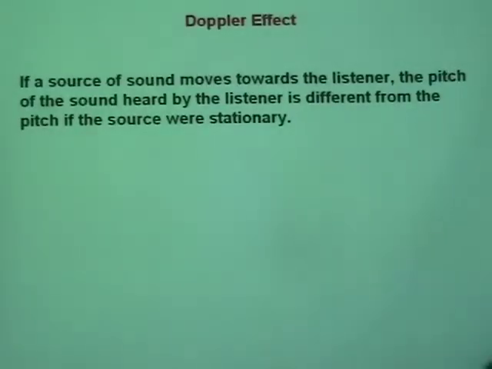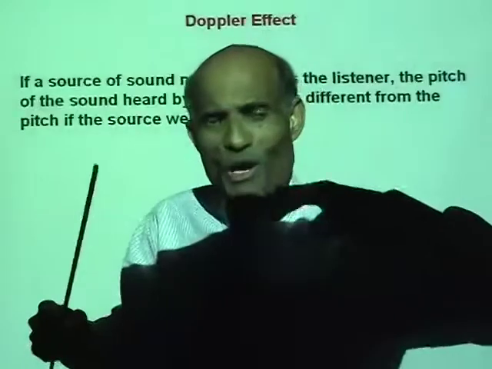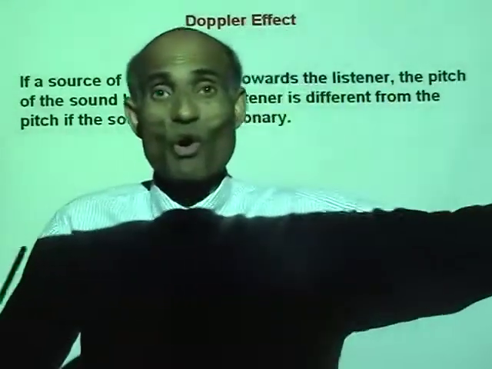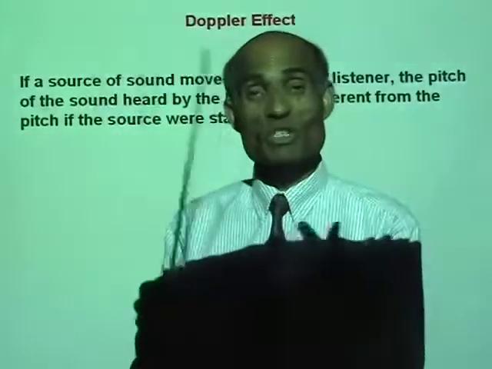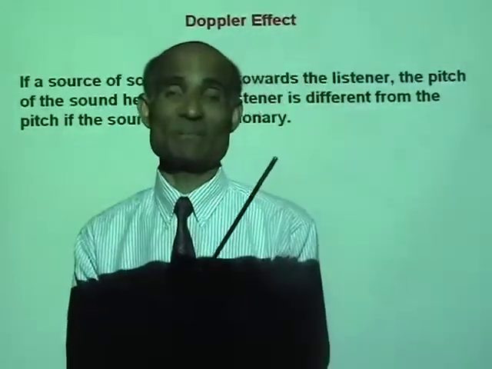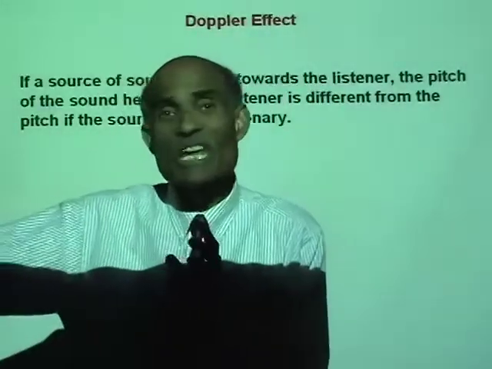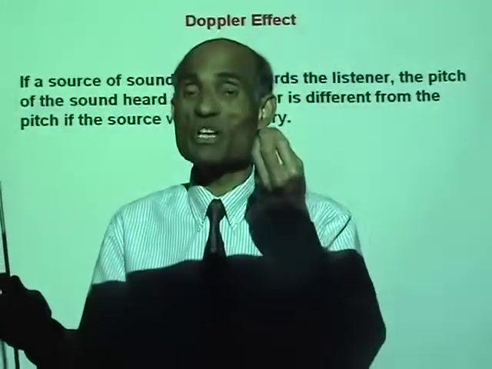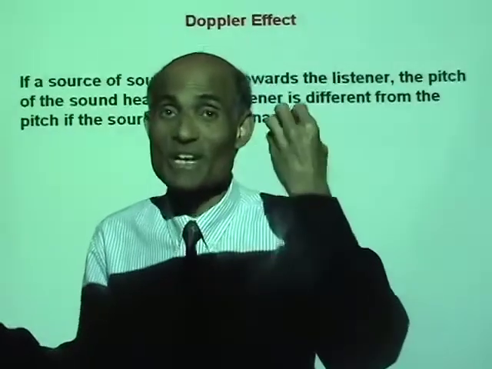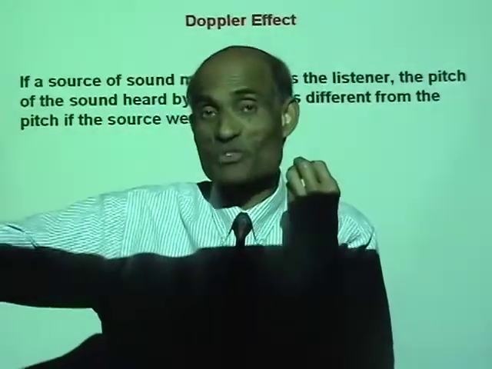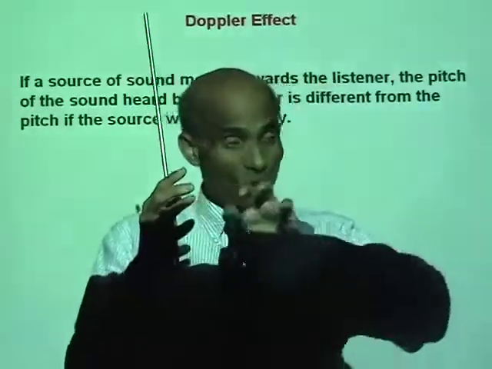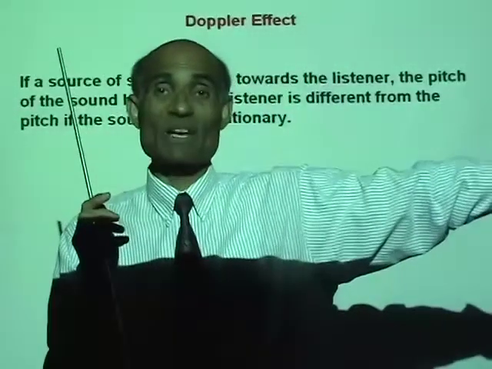Now, what does that mean? Now, this is what happens when a car moves away. The frequency falls off. So what does Doppler effect deal with? Doppler effect deals with the apparent change in frequency as a listener hears when a source of sound is either moving towards the listener or moving away from the listener.